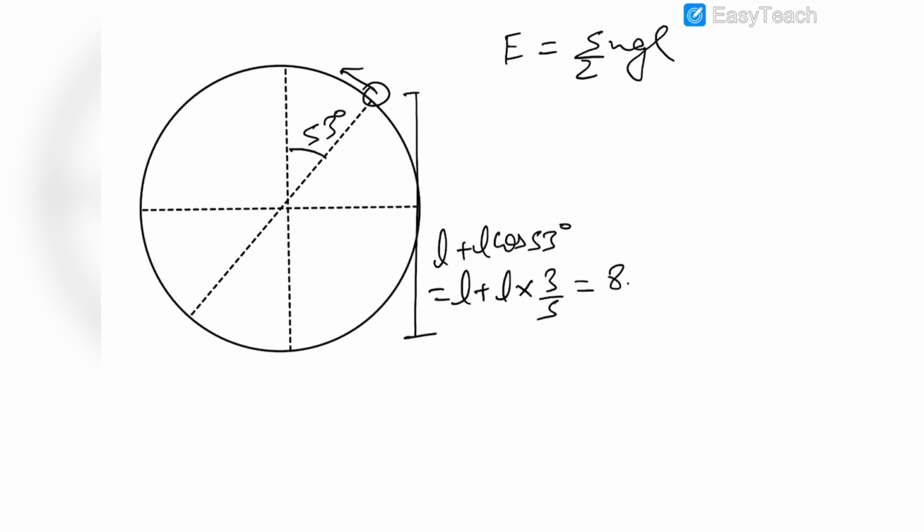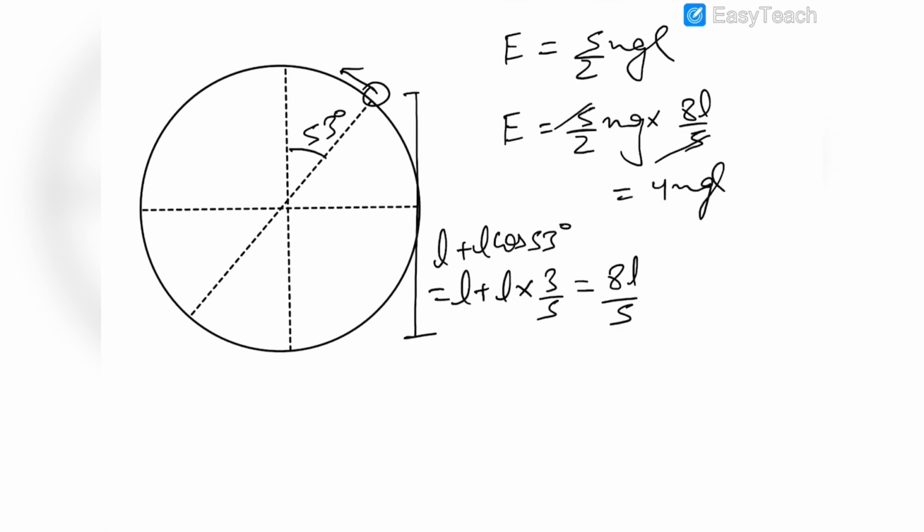So this is 8L by 5. So E is equal to 5 by 2 mg into 8L by 5. So this is 4 mgl. First of all, let us see that this height is 8L by 5.